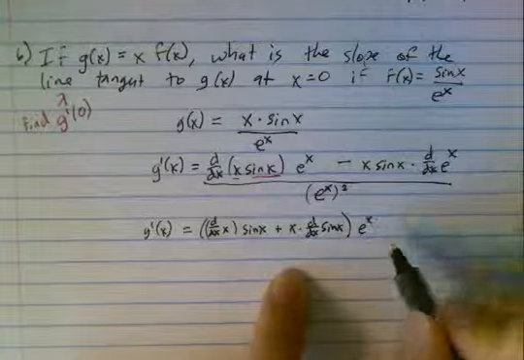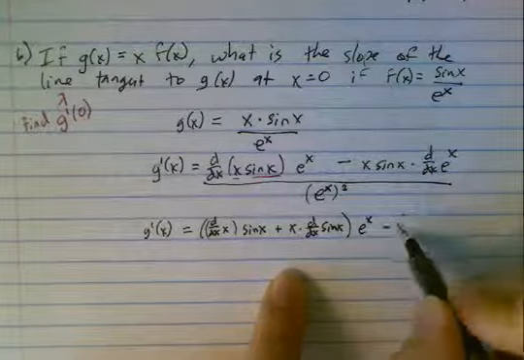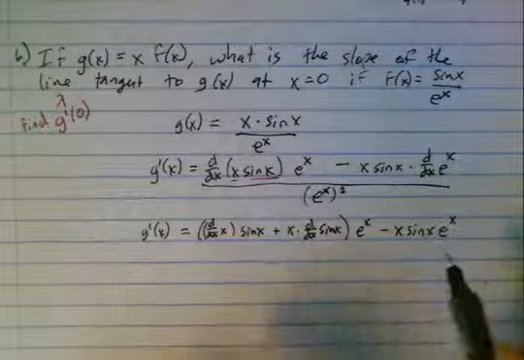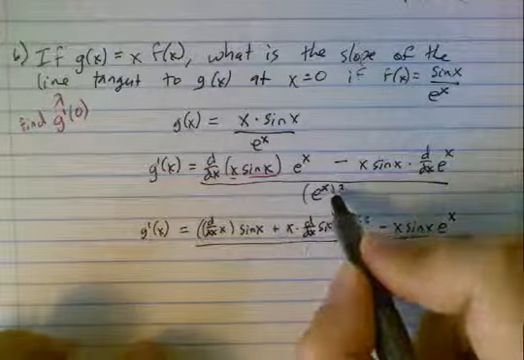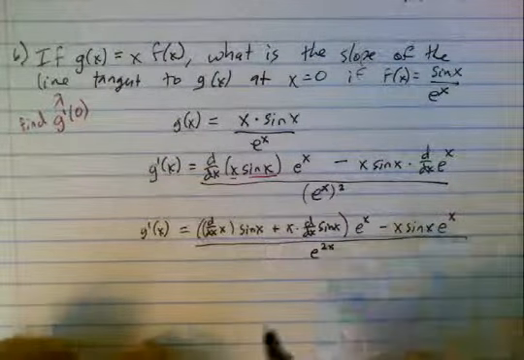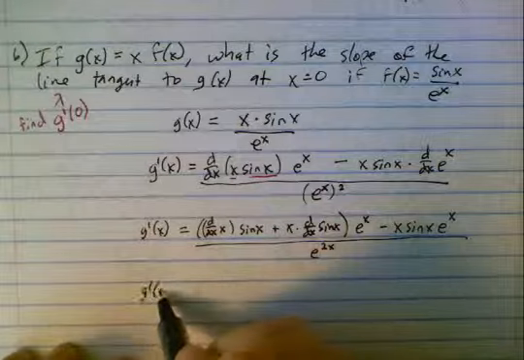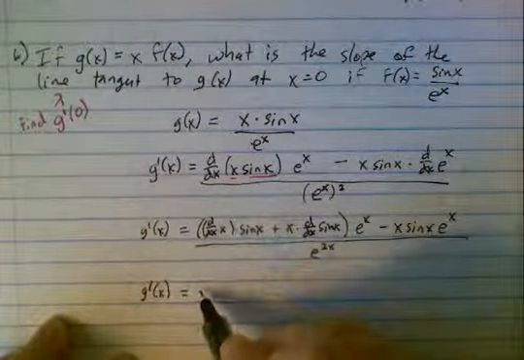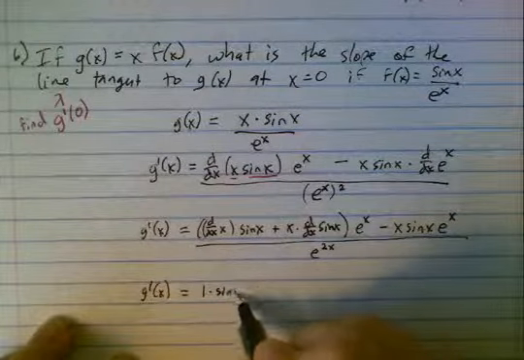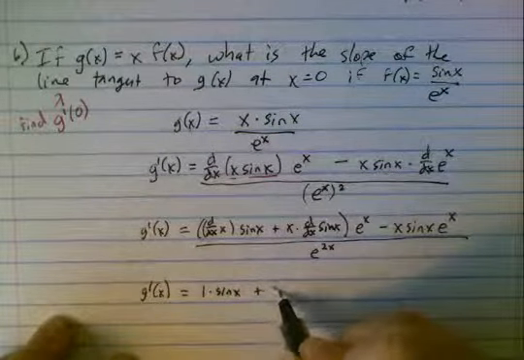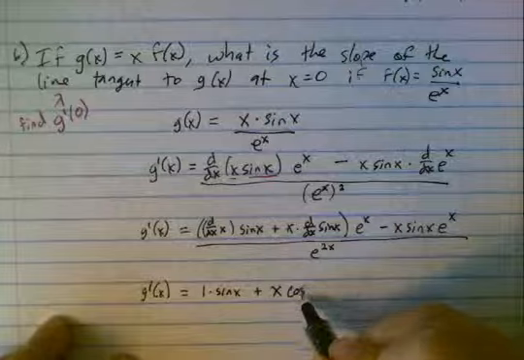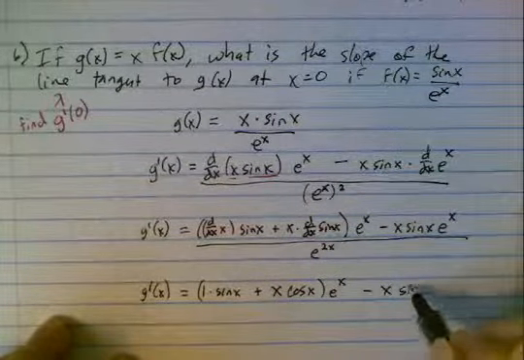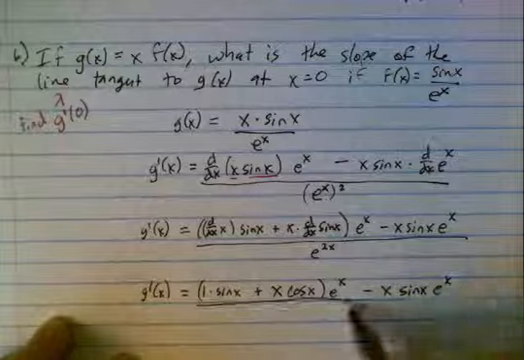So then we've got e to the x still next to that, minus x sine x, and the derivative of e to the x is just e to the x. Exponents multiply, that's e to the 2x. Derivative of x is 1. Derivative of sine x is cosine x. All e to the x minus x sine x e to the x.